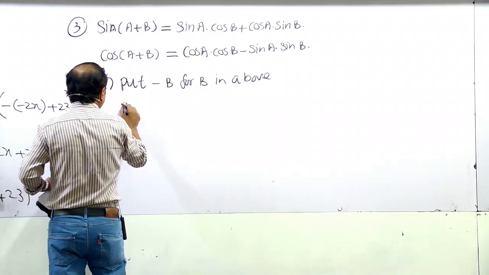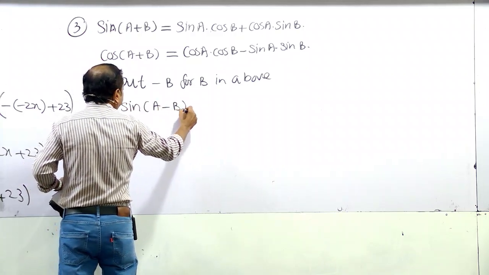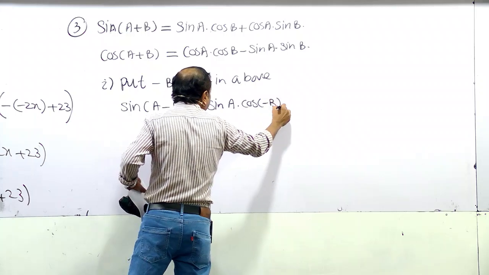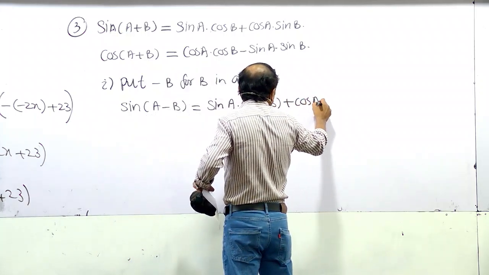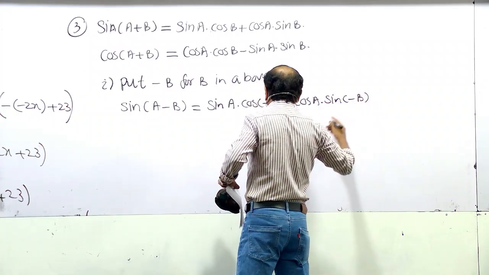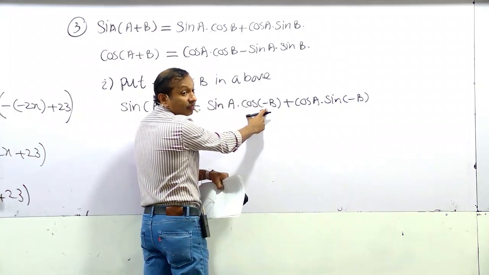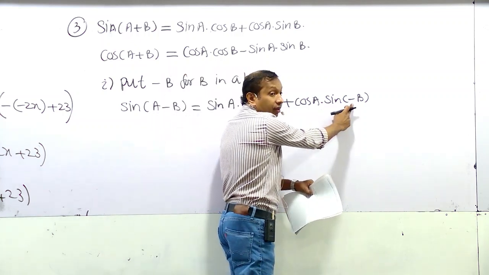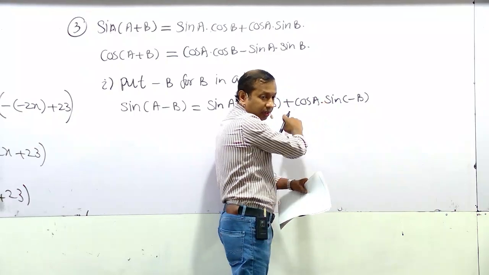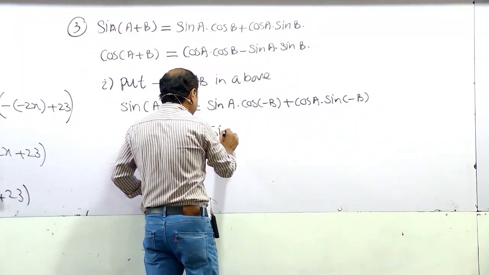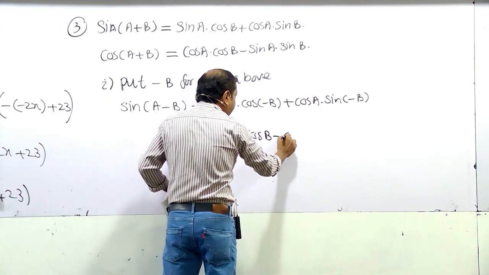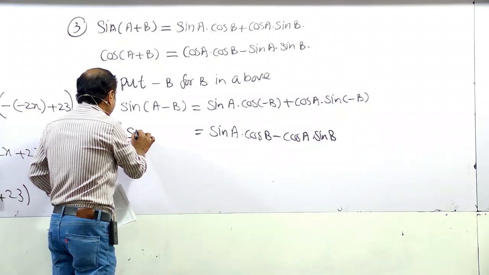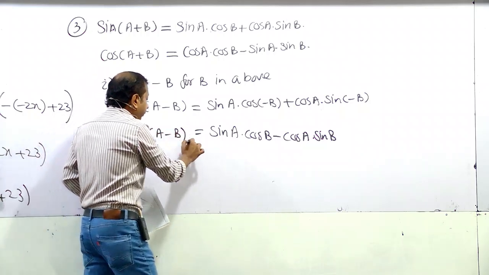We get sin A cos minus B plus cos A sin minus B. What is cos minus B? Cos minus theta is cos theta. Therefore cos minus B is cos B. Sin minus B, we told this minus sign we can take out, so this will be minus. Then we get sin A cos B minus cos A sin B. Here we have sin A minus B. That is okay.